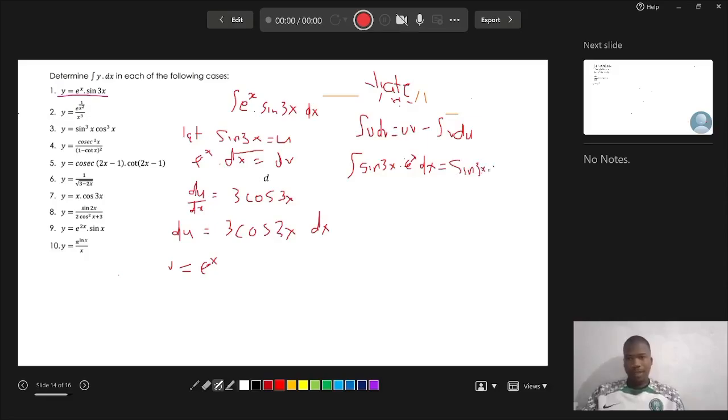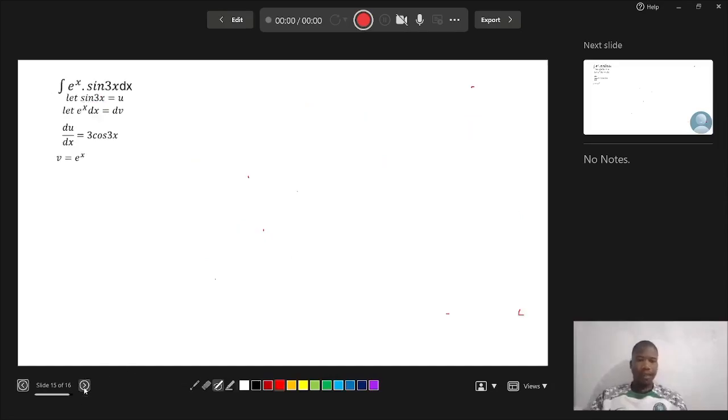What is the value of v? It's e to the power x, right? Minus the integral of the value of v, e to the power x. What is du? du is equal to 3 cos 3x dx, right? So we understand that.